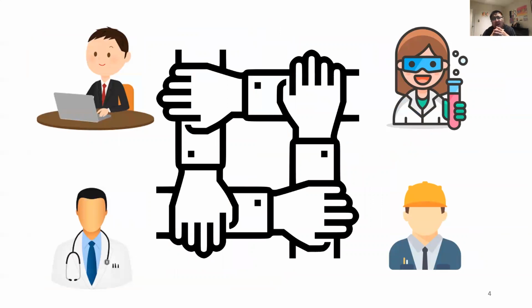So we need the expertise from experts like computer scientists, basic scientists, clinicians, engineers, and so on and so forth. We really need to join the force of people from all different aspects to effectively fight the pandemic.